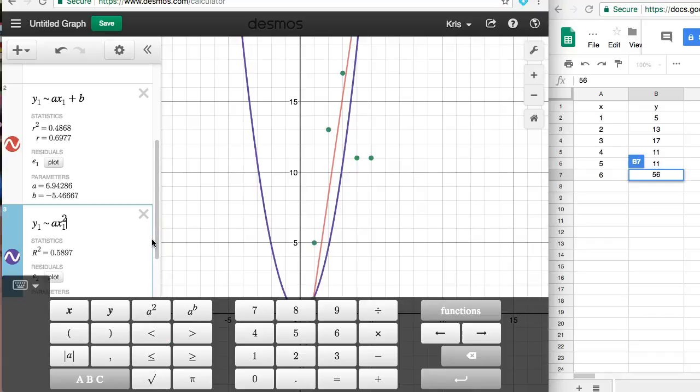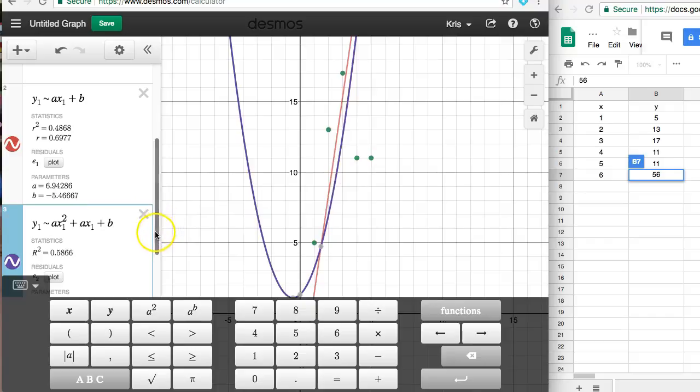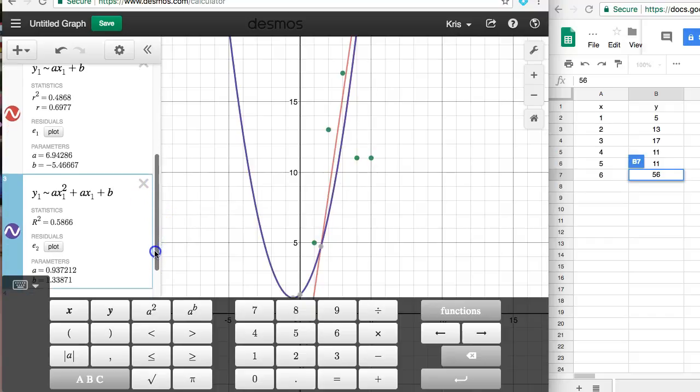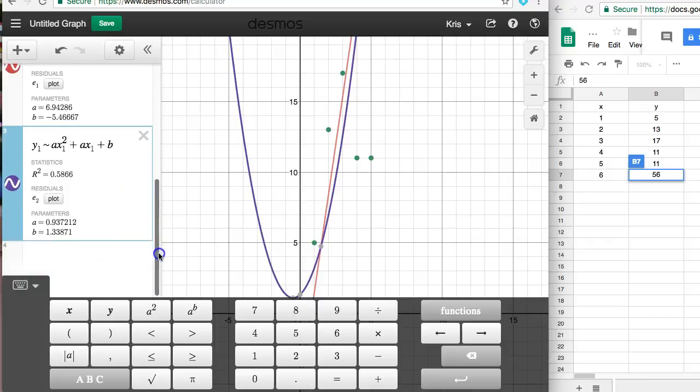And then we need plus bx sub 1 plus c. And there is our quadratic regression, and our r squared there is 0.5866. So still not modeled real well.